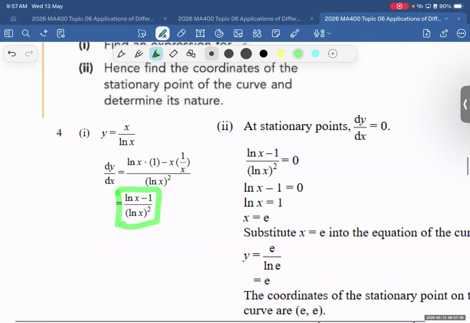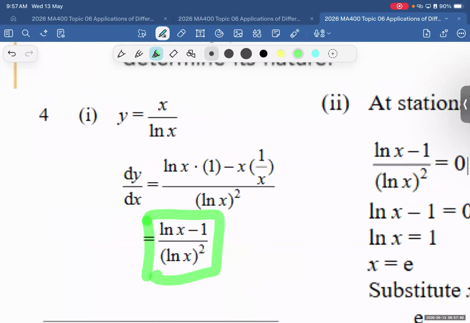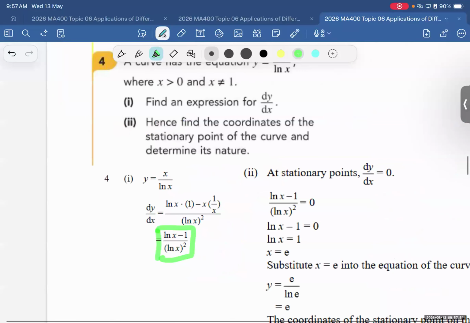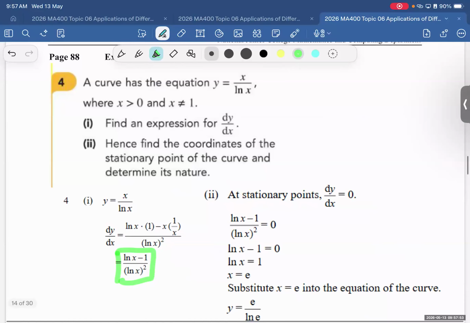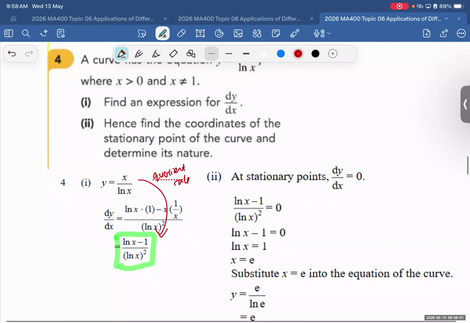Now, any format of this or equivalent form, dy/dx is fine. Just remember that when you differentiate, you need to use the quotient rule. After which you find that when you equate this to 0, you find the stationary point.